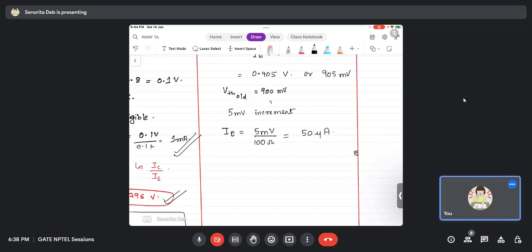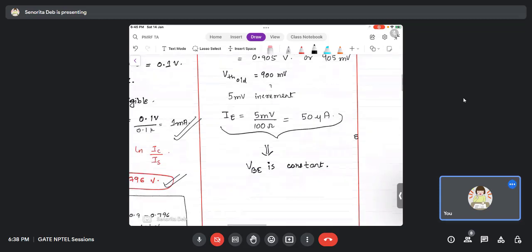Now this assumption that the entire thing has come across the resistor is equivalent to saying VB is constant, which is reasonable because this will mean that it is only changed by 5%.